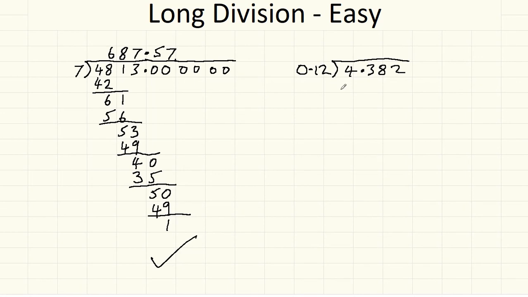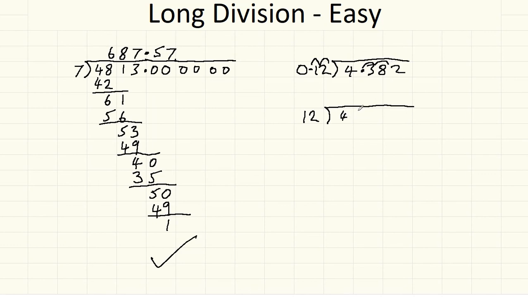So I'm going to make this a lot easier by multiplying this and multiplying this by 100. So multiplying that by 100 gives us just 12. So we've moved the decimal point over 2 places. And I'm going to do exactly the same to this number. Move the decimal point over 2 places, which multiplies it by 100.